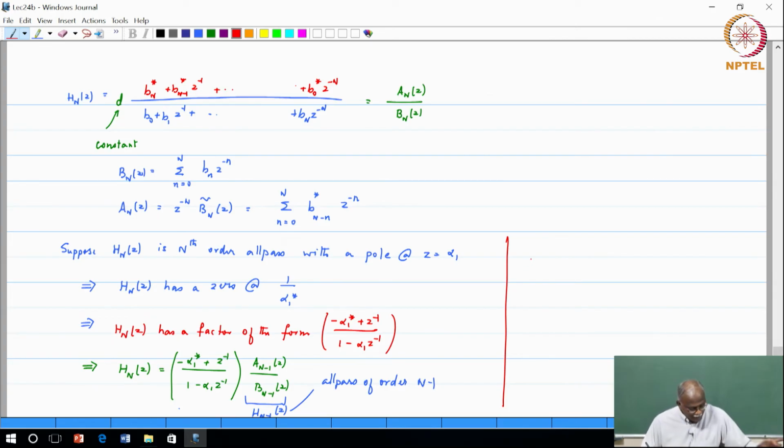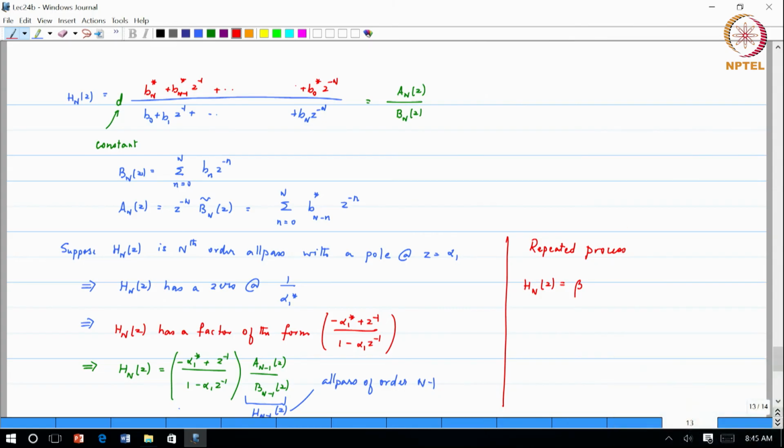So the repeated process of factorization says the following: that H n of z can eventually be written as a scale factor beta, again that is not significant for us.